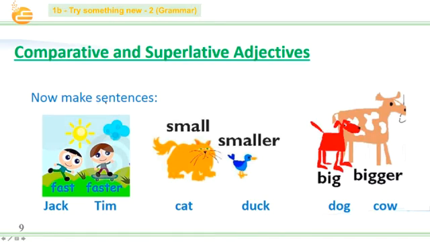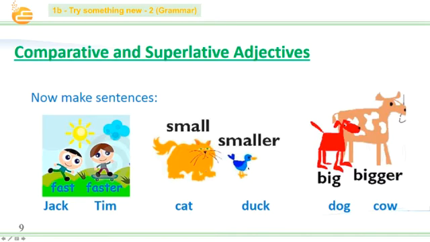Okay, now make sentences. I want you to make some sentences, please. We have fast, faster, Jack and Tim. What do you think? Of course, Tim is faster than Jack. Okay? Faster than Jack. What about cat and duck?